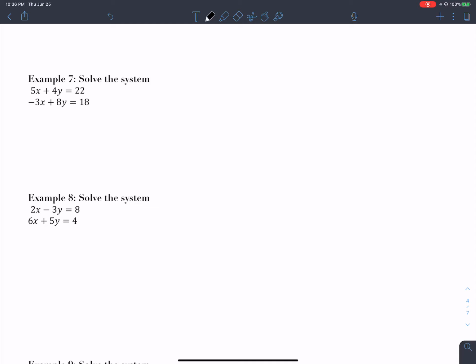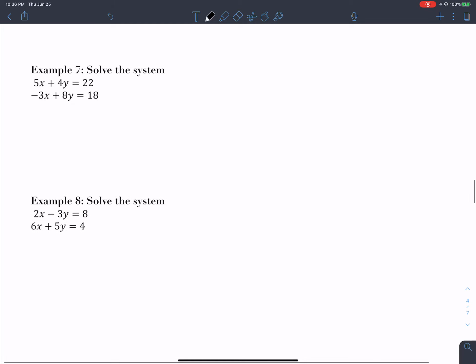Instead of multiplying both equations, you're going to want to just multiply one equation. So here I can multiply this equation by -2 because I need this to be a -8. That's going to be our best option.